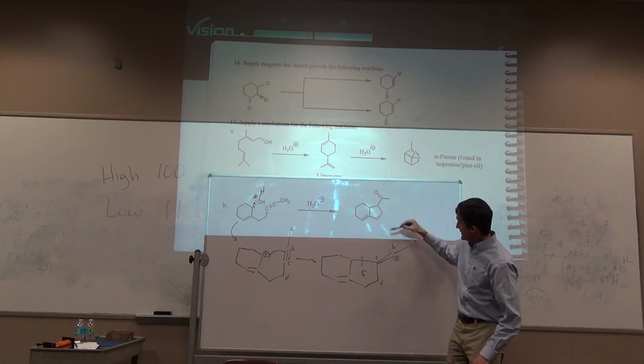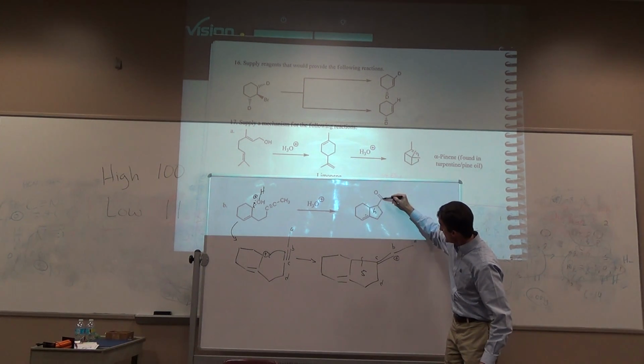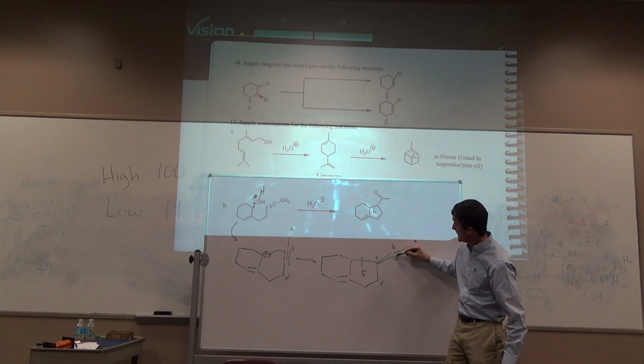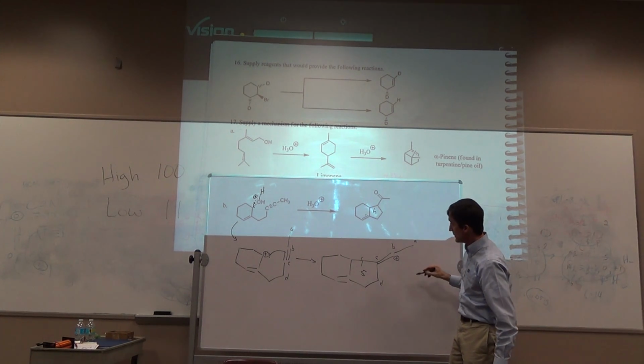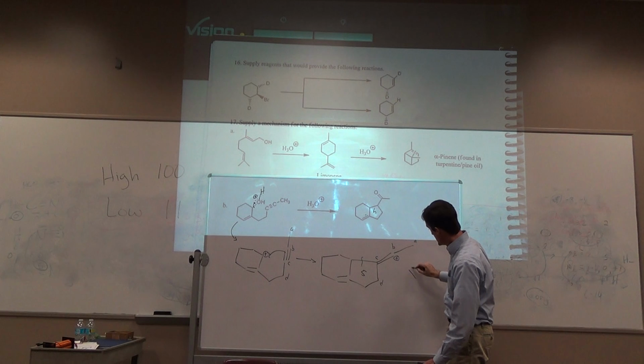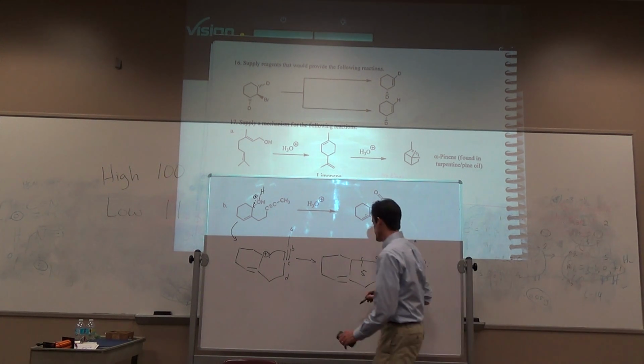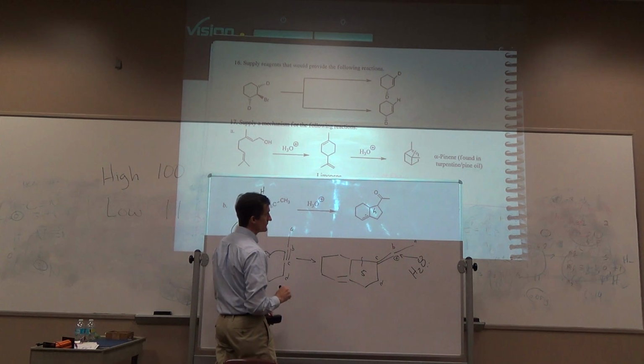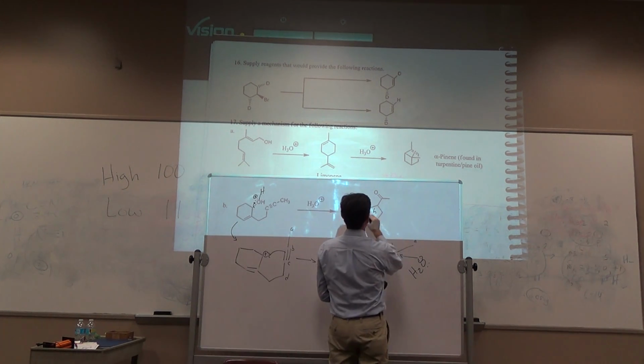Now this carbon out here, there's your five-membered ring carbon. What do we need to bond here? Water. And oxygen needs to bond there in the form of what? Water. These electrons here. I'm going to draw it like this.